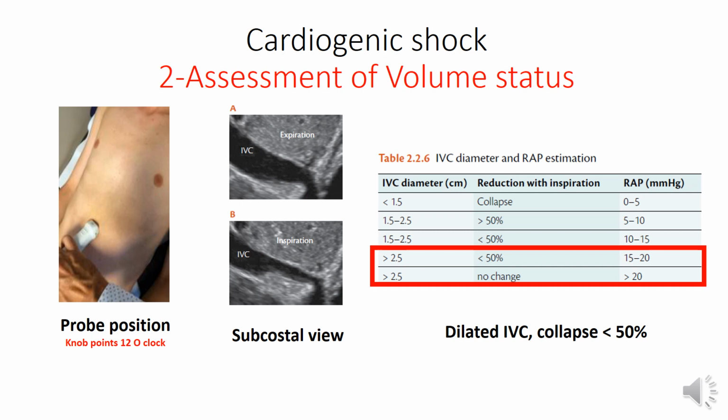In case you find it markedly dilated above 2.5 and either not collapsing or collapsing but less than 50%, that means the patient is overloaded or congested. On the other hand, if you get a measurement below 1.5 and fully collapsing with inspiration, most probably this patient might be slightly dehydrated.